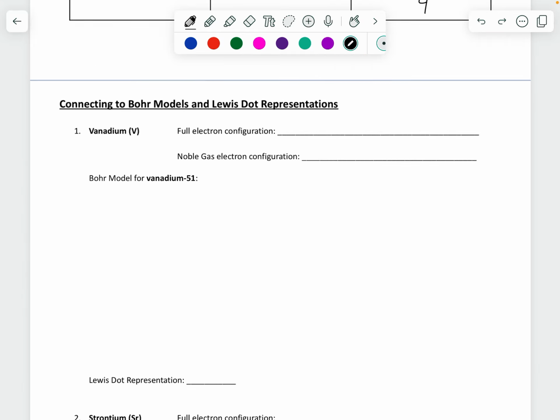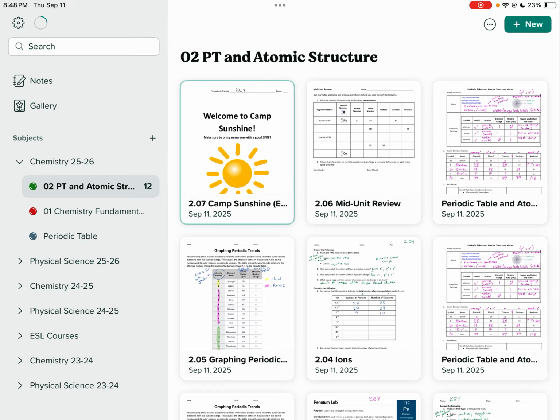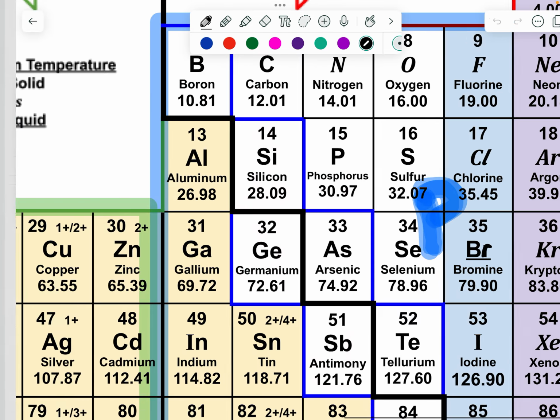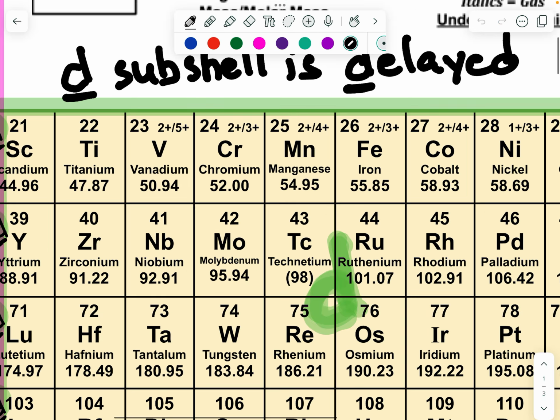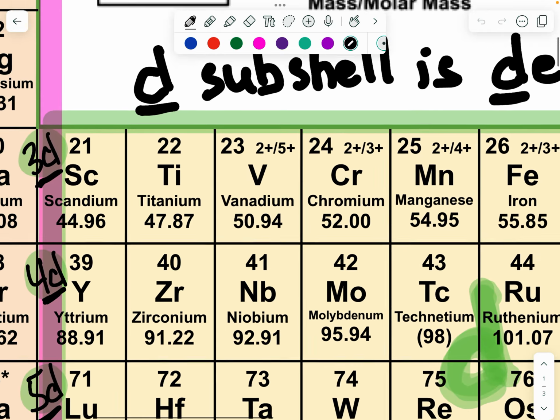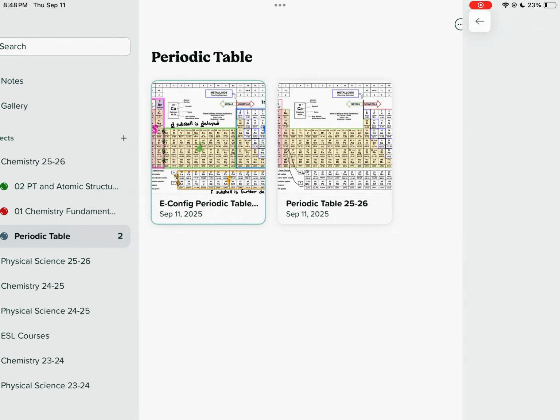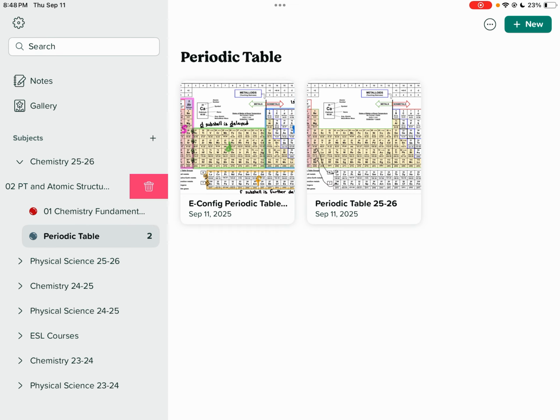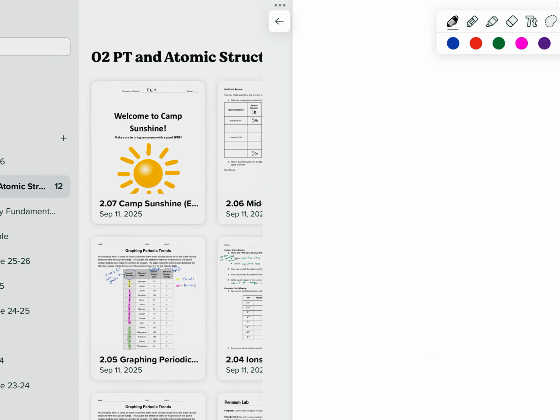And so here we're looking at vanadium. If I look at the periodic table, I identify where vanadium is. Vanadium is atomic number 23, so it's going to have 23 protons, which means it's going to have 23 electrons.